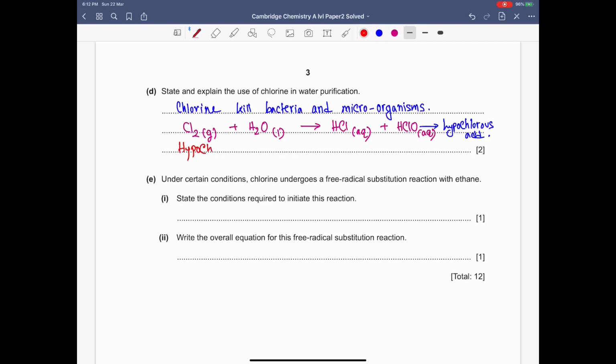Hypochlorous acid is mainly responsible for killing bacteria. During your exam, only this highlighted portion will be required as an answer.